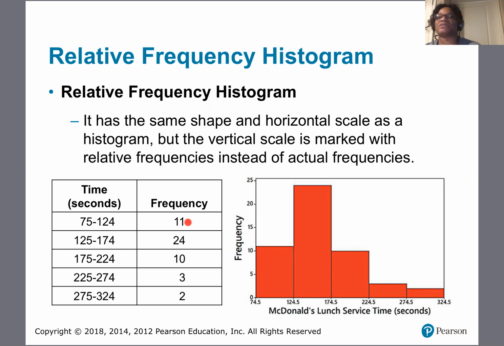But if I wanted to look at a relative frequency histogram, I would take this 11 and divide it by 50, and I would mark each of these by 50. If you notice, the x-axis is the quantitative data values for the classes, and the y value is simply the frequency. But if I want a relative frequency histogram, I simply change these y values to the fractions that we learned.